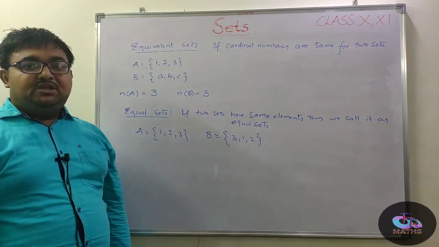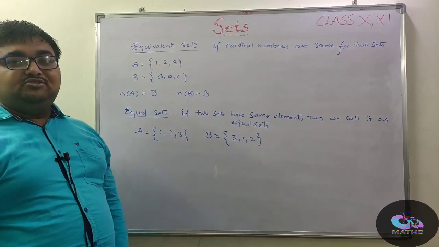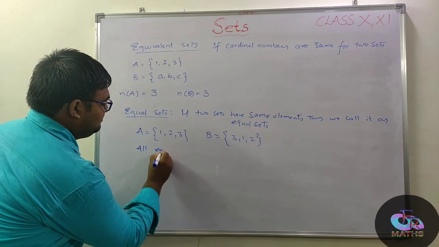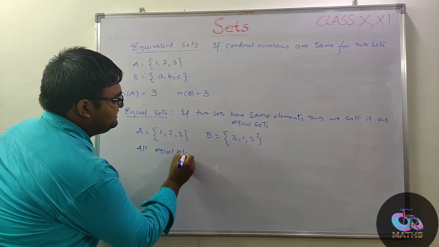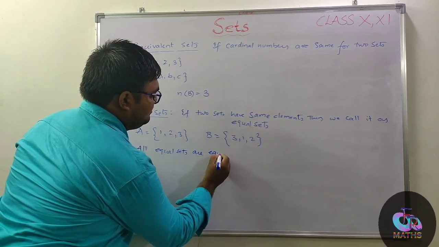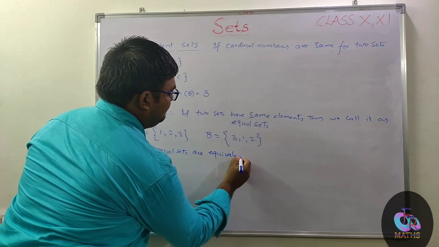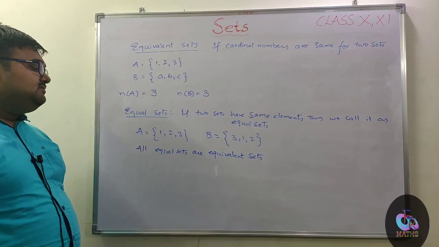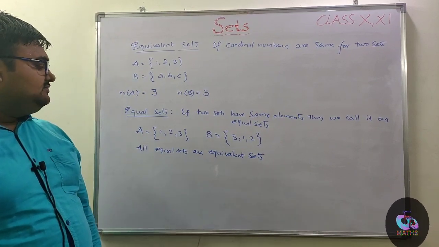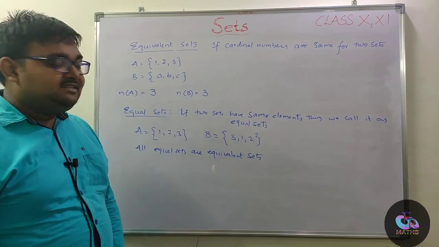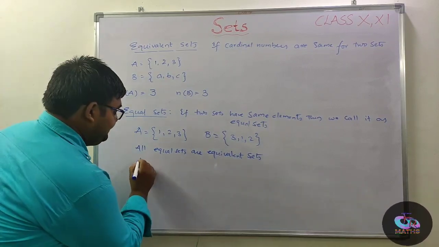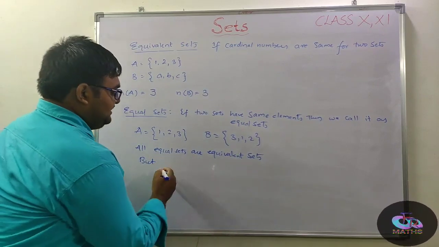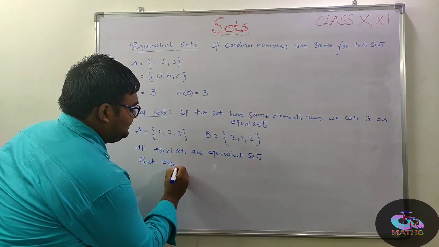Now from this we can bring out a conclusion: all equal sets are equivalent sets, but the vice versa is not possible.